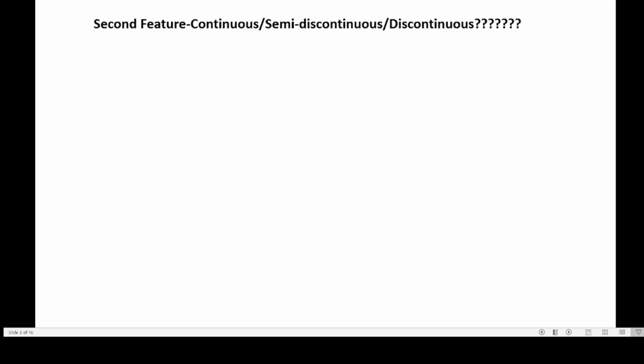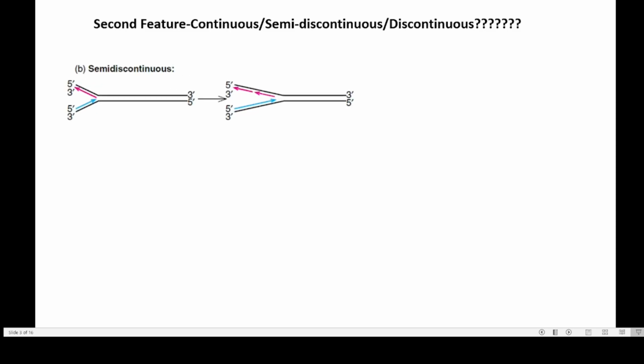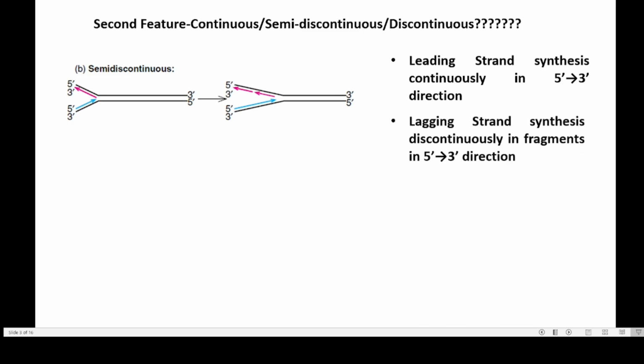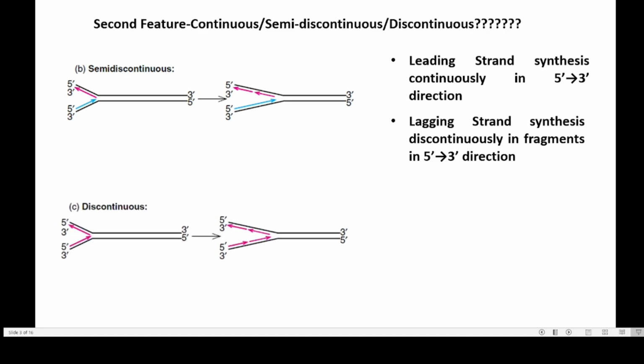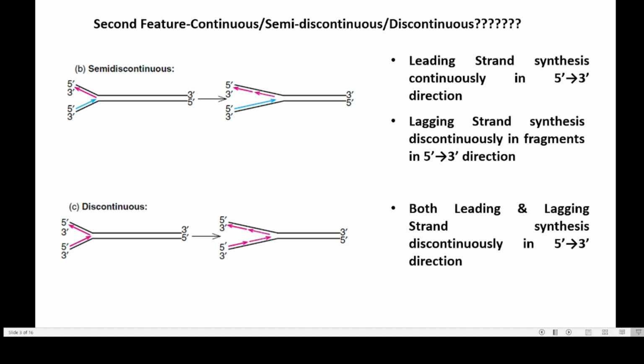He proposed the semi-discontinuous model where DNA polymerase could theoretically make one strand, the leading strand, continuously in the 5' 3' direction, but the other strand, the lagging strand, would have to be made discontinuously, as you can see in the figure. The third model proposed was the discontinuous model where both the leading and the lagging strand are synthesized discontinuously in the 5' 3' direction.